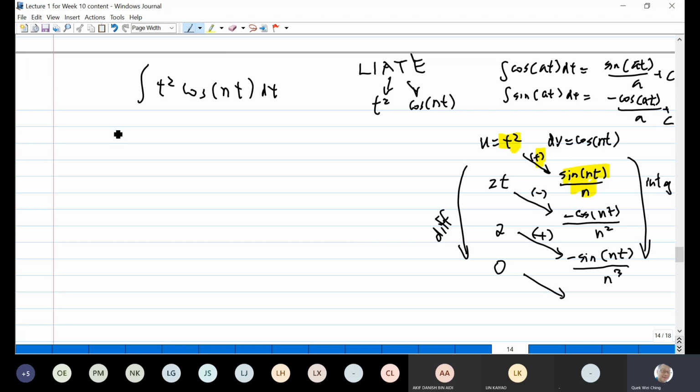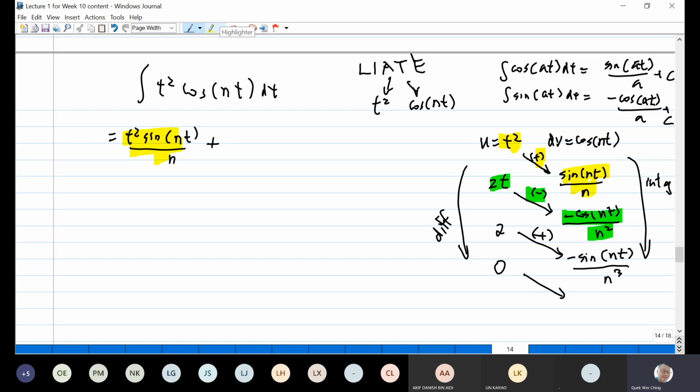So you get t squared sine nt over n. And the next term, together with the minus sign, minus 1 plus already, so this will become plus. That just now came from the yellow term. The next one comes from the green term, still a plus sign because minus 1 plus already.